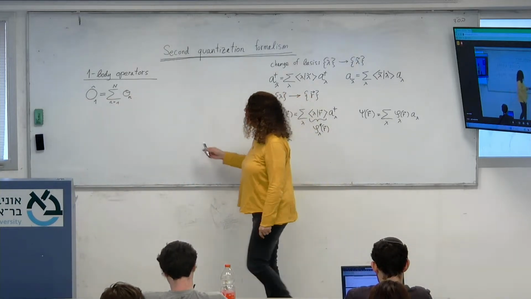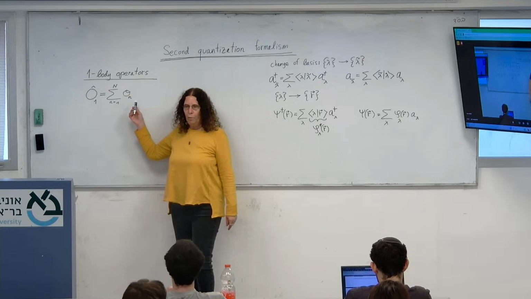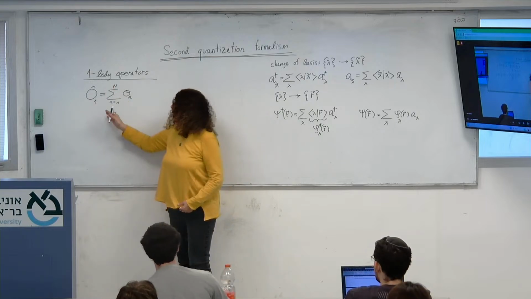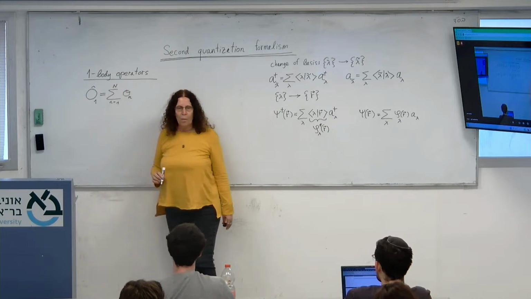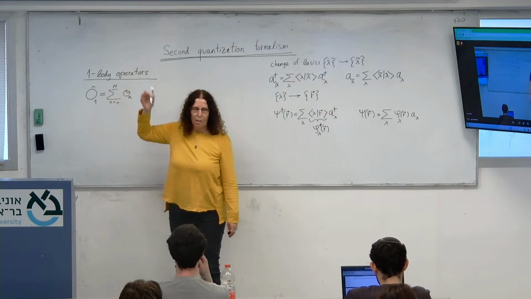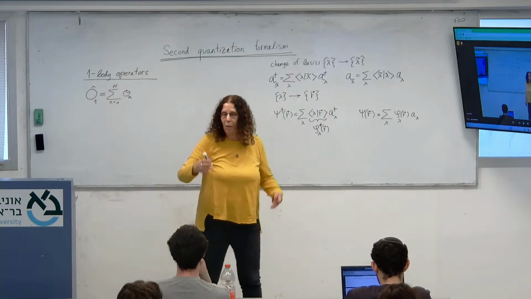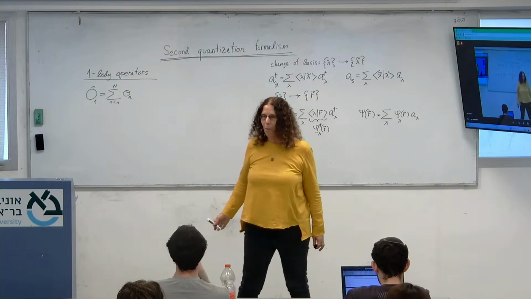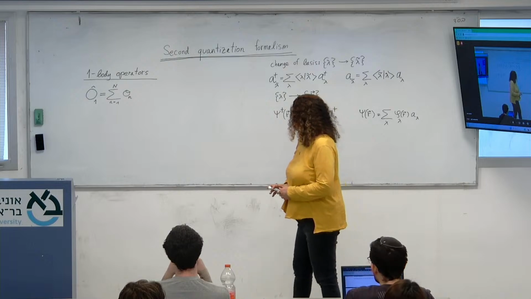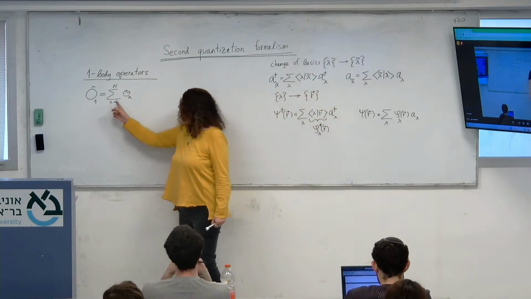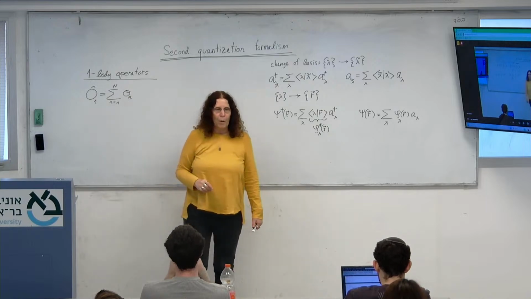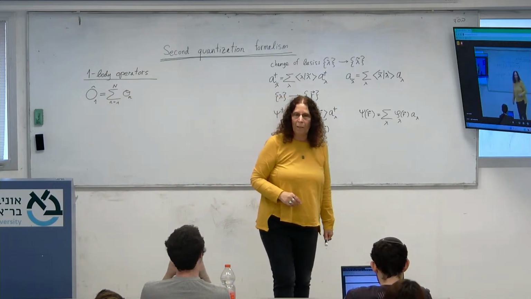So in this writing, I'm keeping track of the particles. I have capital N particles, and n is an index that counts them, and the capital N that we are going to be interested in is typically macroscopic, or it can be macroscopic. It doesn't have to be, but it can be a macroscopic number. But the fact that you can write it in this way makes it very simple, especially in systems of identical particles.